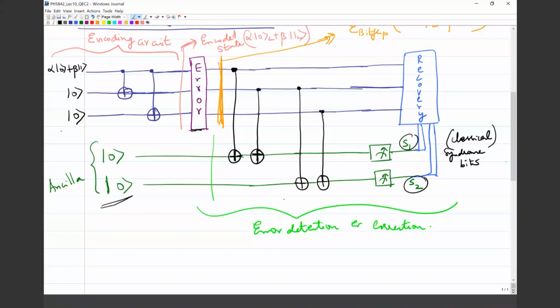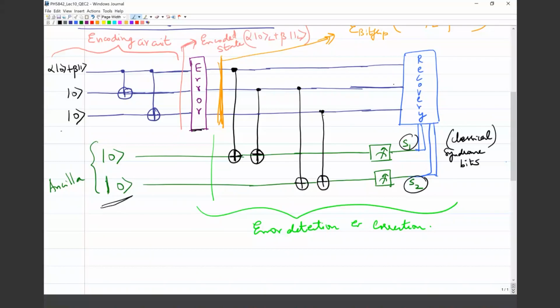And based on this pair of classical syndrome bits, we can essentially diagnose the error, right? And based on our error diagnosis, these two blue lines here are classical lines, right? There is now classical information which feeds from the ancilla qubits back to the data qubits.